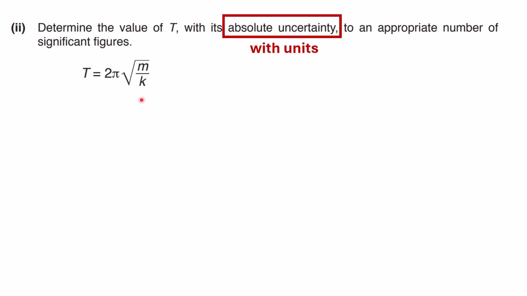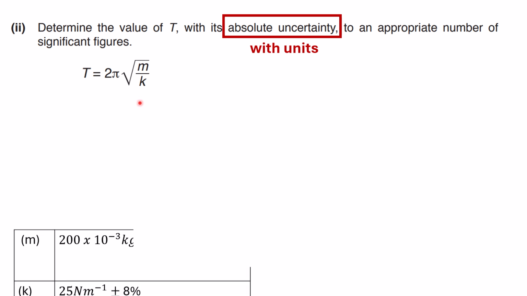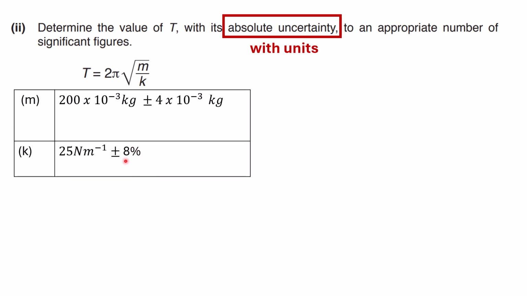So here we have the formula, and here is what you have in terms of data. For M, the mass is the value plus minus its uncertainty. Now this one is the absolute uncertainty because we have units. However, the uncertainty of the spring constant, or K, is given in percentage.